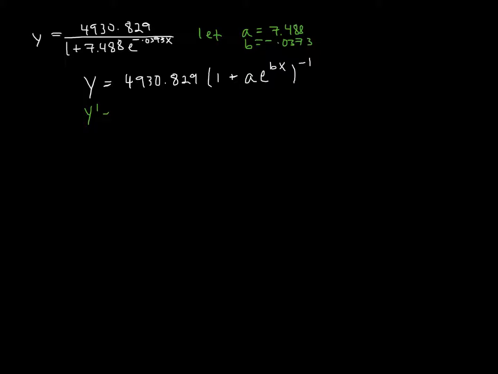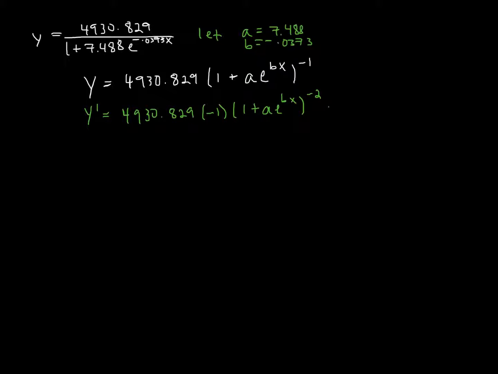So y prime, using the chain rule, I factor out this constant. Using the chain rule, I will have negative 1 times 1 plus a e to the bx to the negative 2 times the derivative of the inside.